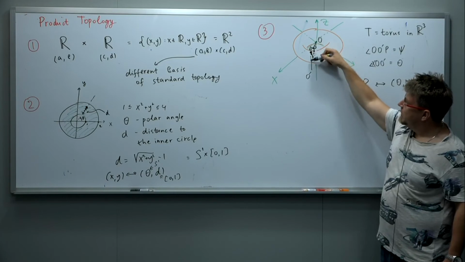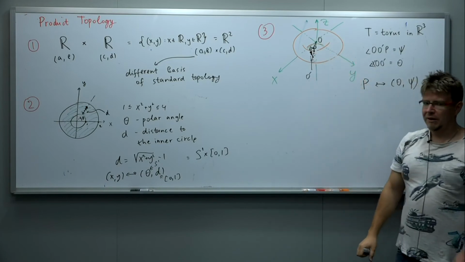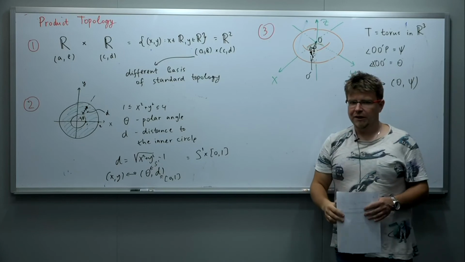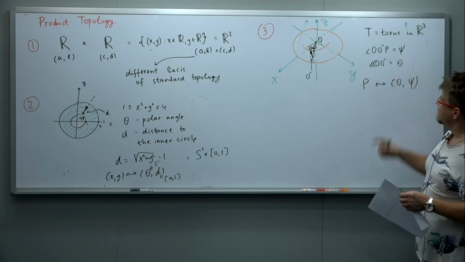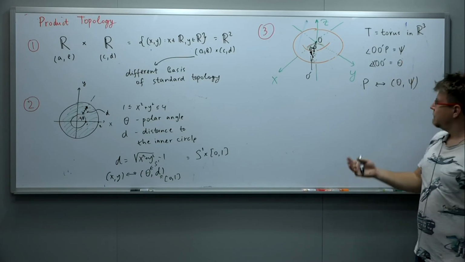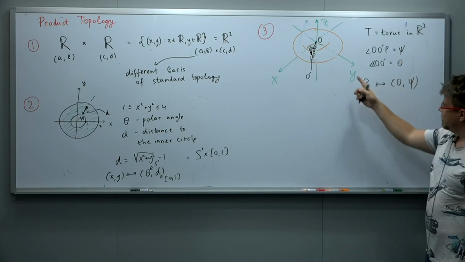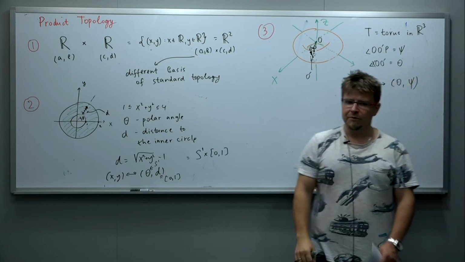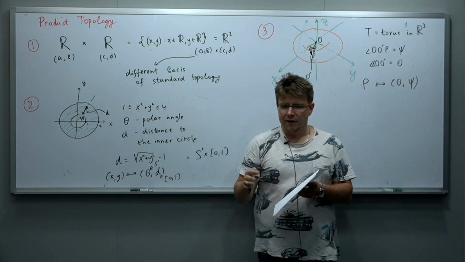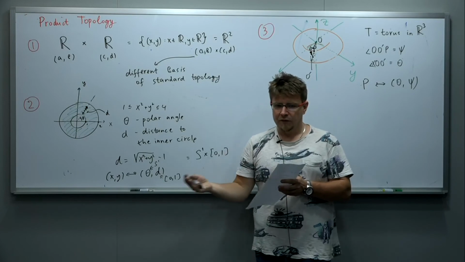It's going to intersect it along this circle, and on this circle I'm going to take a point represented by the second angle, psi. And vice versa: if you have a point on the torus, then you can recover theta and psi. So it means that points on the torus are described by pairs of angles.